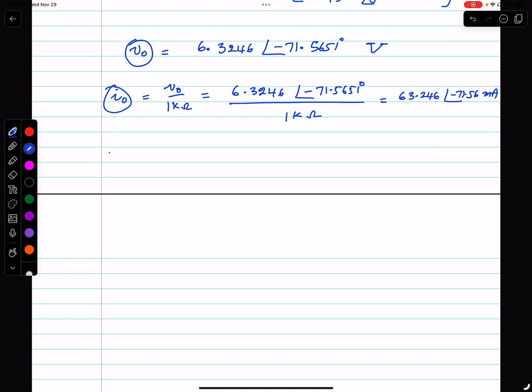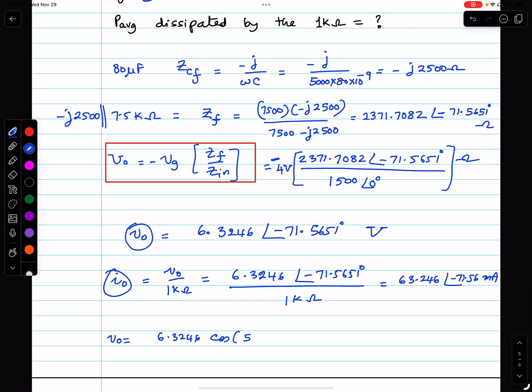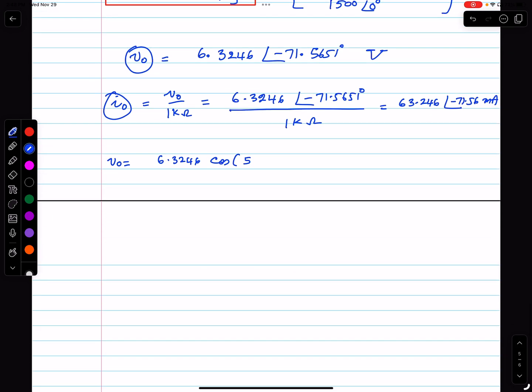So let's write out V0. V output is nothing but 6.3246 cosine of 5000 t minus 71.5651 degrees.